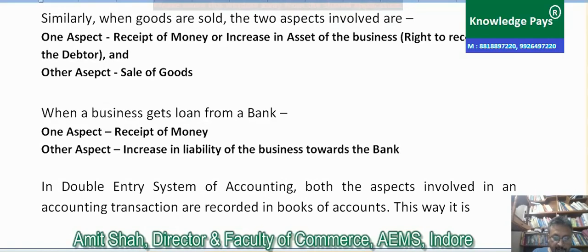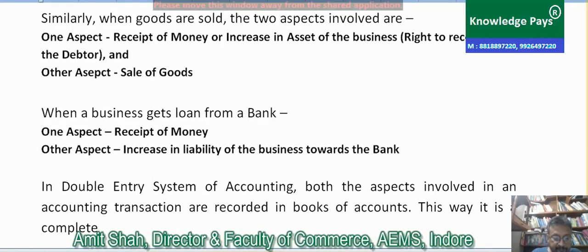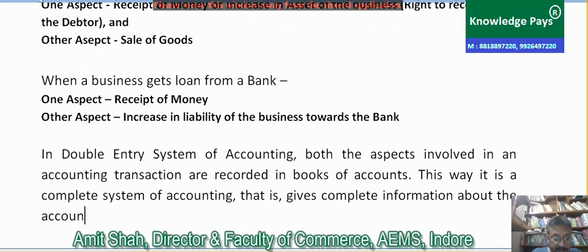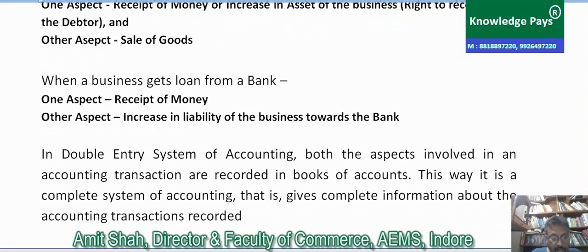This way, it is a complete system of accounting, that is, it gives complete information about the accounting transactions recorded so.